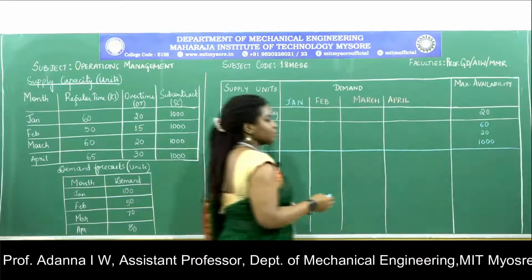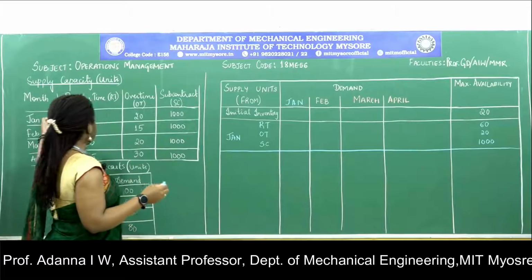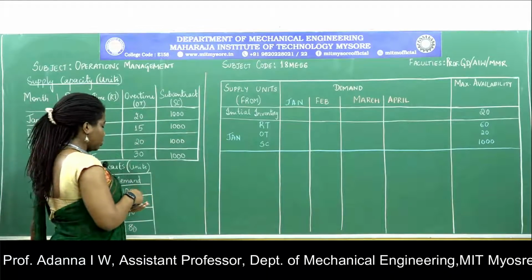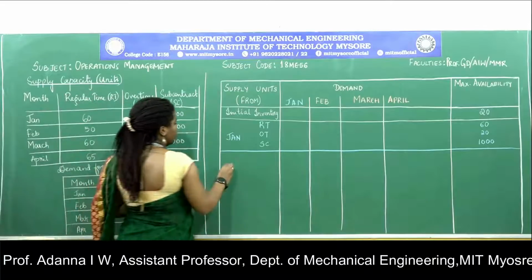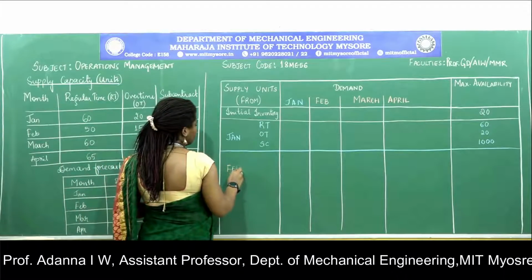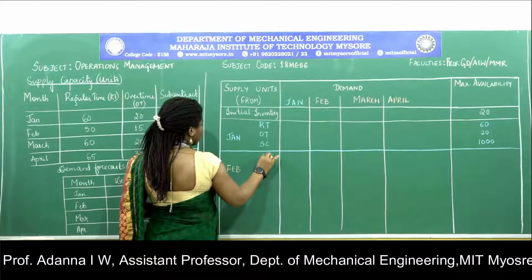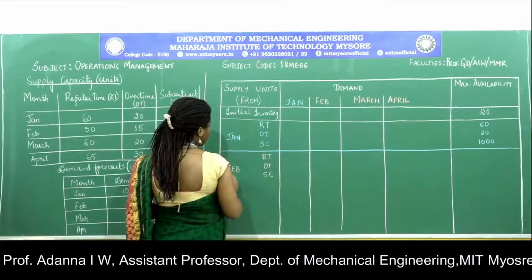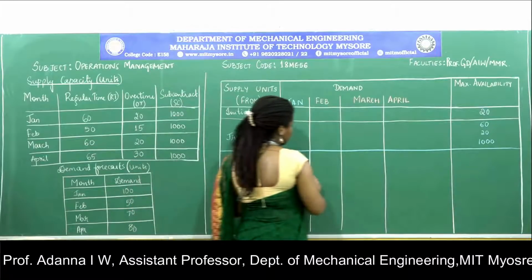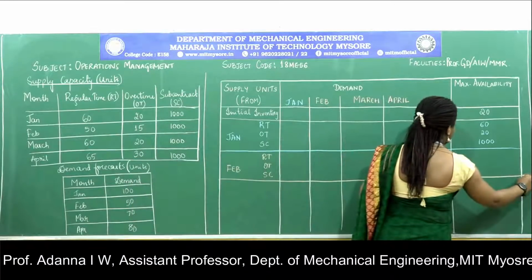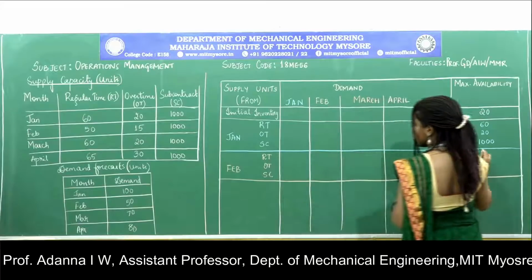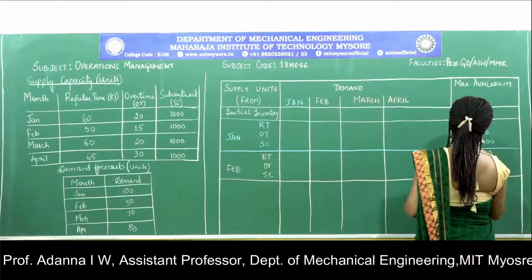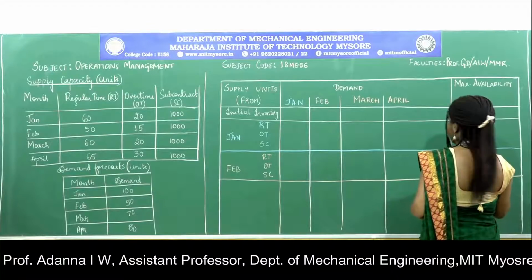What have we done? From the supply table, we have taken information for the month of January. Similarly, you write it for February, March and April. So February, regular time, overtime and subcontract. It is 50, 15 and 1000.